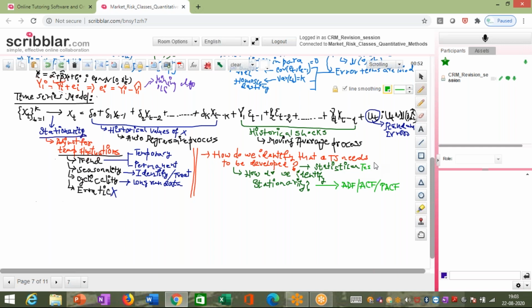We need to understand the key tests that we need to perform, first to identify whether a time series model can be done, what the statistical basics would be, and then, given that a time series model needs to be developed for our data, to understand how exactly stationarity will be identified. These are some of the questions that we need to address.